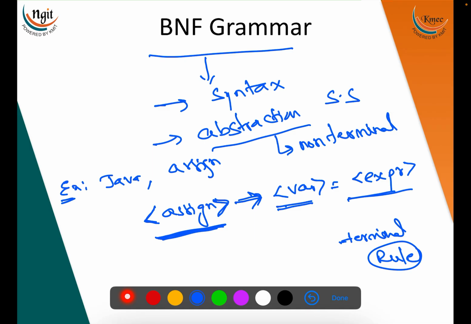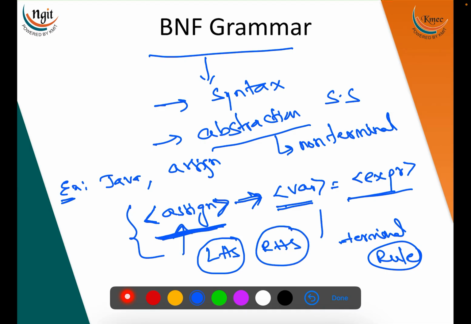So in general, each rule in the BNF grammar will have a left hand side and a right hand side. Now the left hand side is the assignment abstraction. The right hand side is the definition of this abstraction. So the RHS, the right hand side, has the definition part of the left hand side.